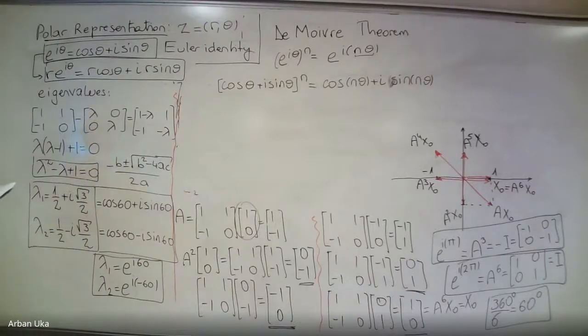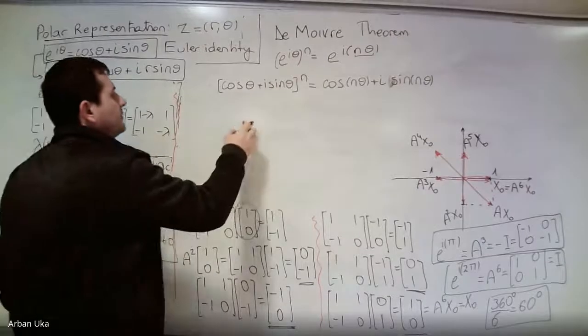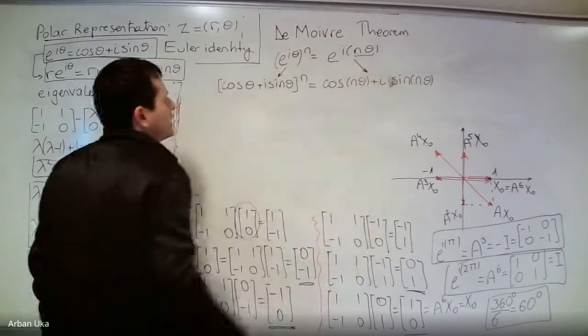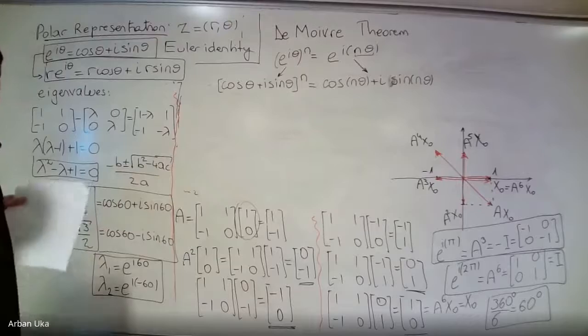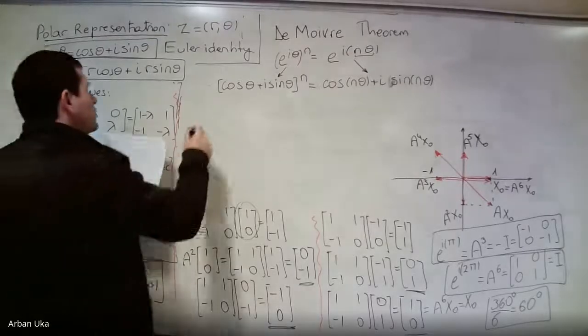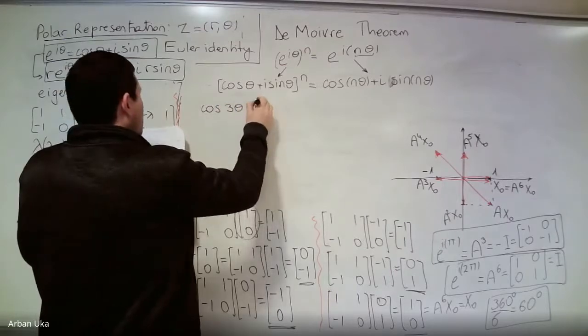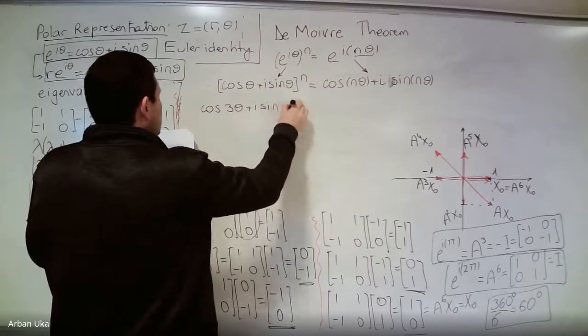So let's see an example. Let's write for a moment what is cosine 3 theta plus i sine 3 theta.